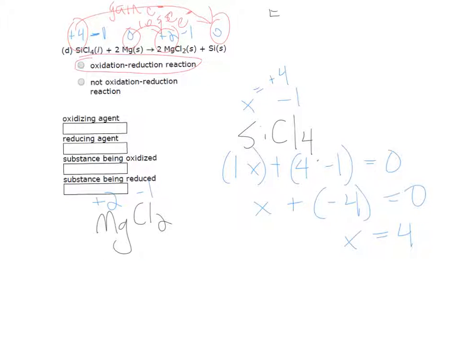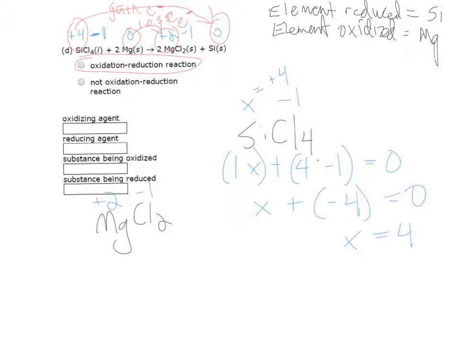The element reduced was the one whose charge was reduced, and that is silicon. The element oxidized was the element whose charge went up, and in this case that is magnesium.